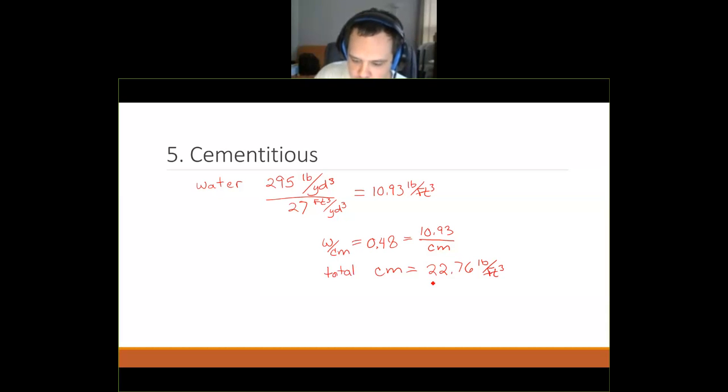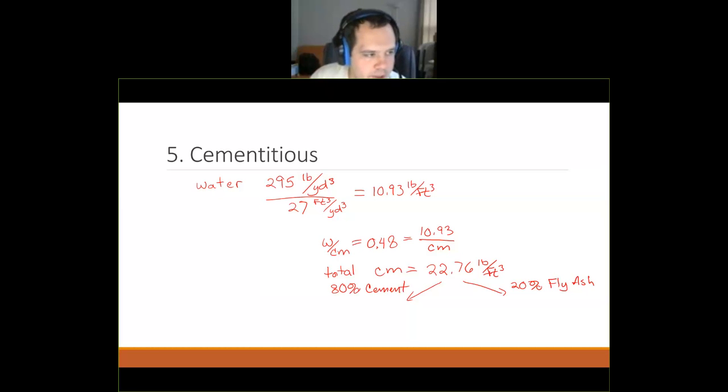Now, I had said I want 20% to be fly ash, which means that 80% of this is going to be my cement, or just my Portland cement.